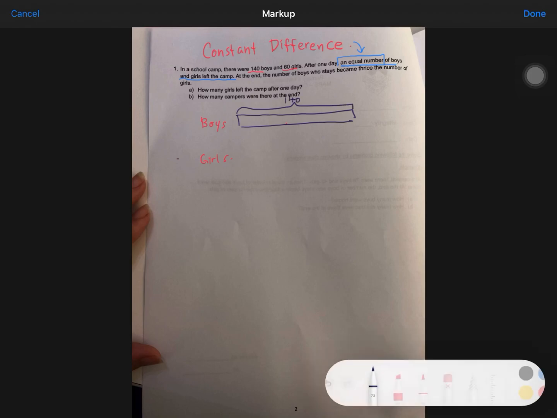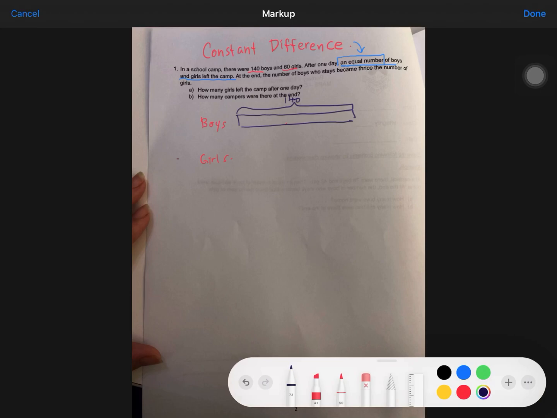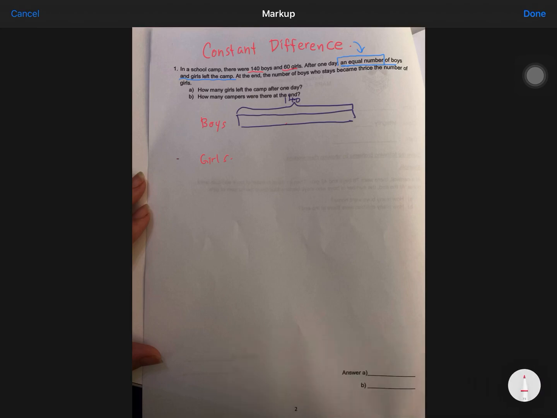And girls is 60. Now we know that 60 times 2 is 120, and 140 is definitely more than that. So for girls, I will draw a smaller one, a bit less than half of 140, because half of 140 is 70. So for 60, draw a bit smaller.